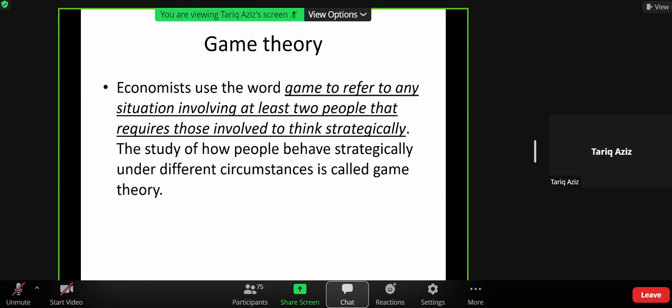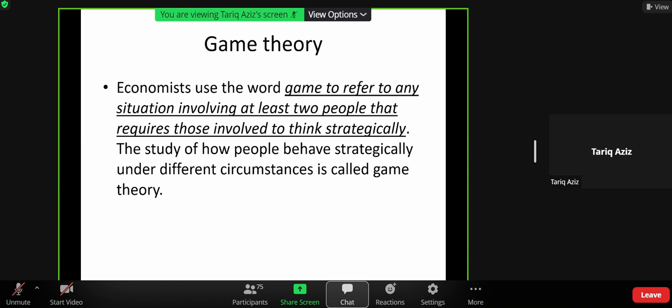The same situation happens in the case of an oligopoly market: there are competitors, they have some strategic options in front of them. For example, to increase the price or not to increase the price, or to advertise or not to advertise. So this is just like a game. We can analyze an oligopoly market from the perspective of game theory also.